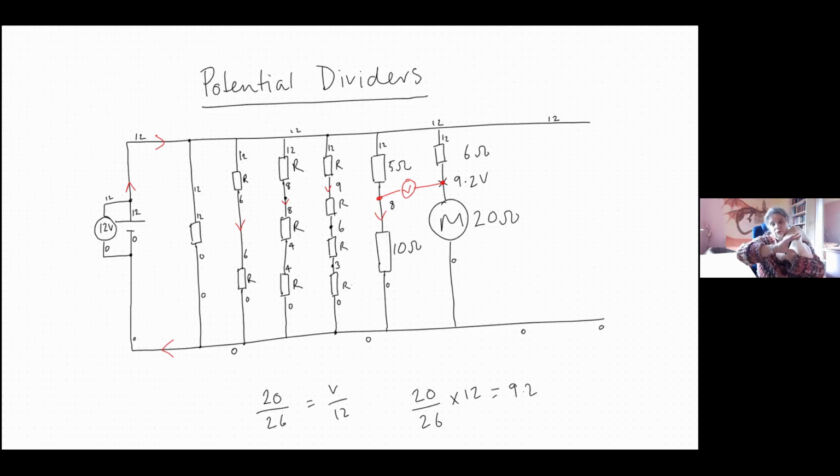Can you see, if you set out your circuit this way, the electrical potentials go up with height and current flows downhill. Just like rivers, they flow downhill, don't they? Current flows downhill. Now, can you see how useful this is?